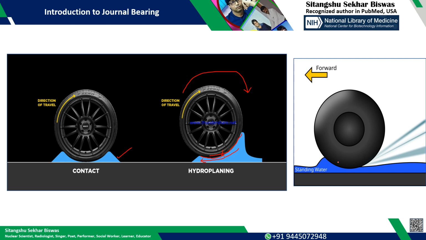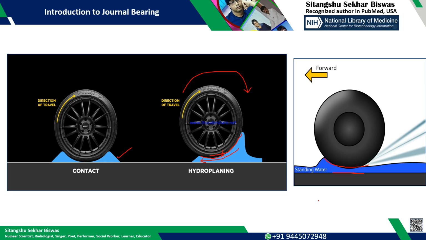If you see this area, the water velocity will be high because your tire is rotating at, say, 2000 rpm, but the surface just above the road has a very low velocity. So here one concept comes in, which is Bernoulli's equation.